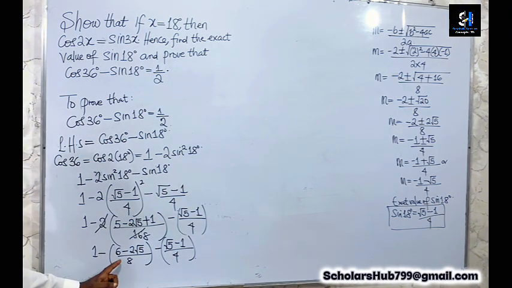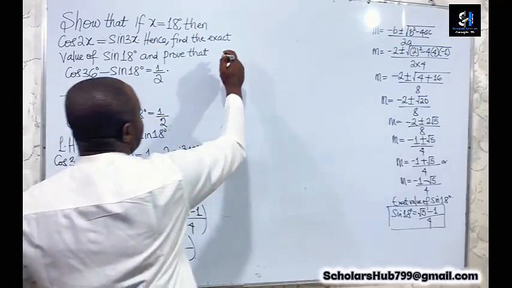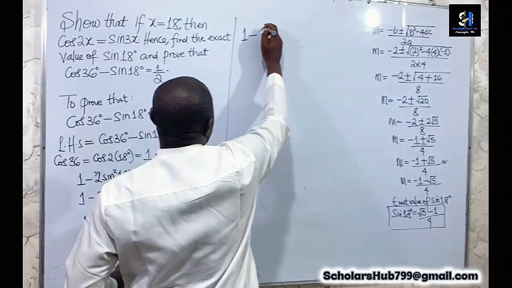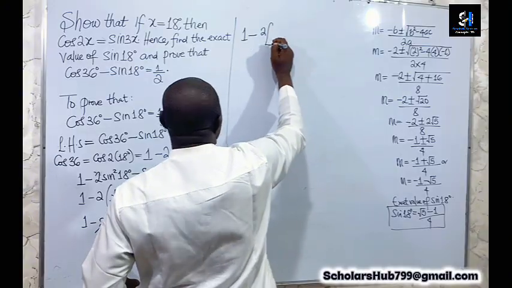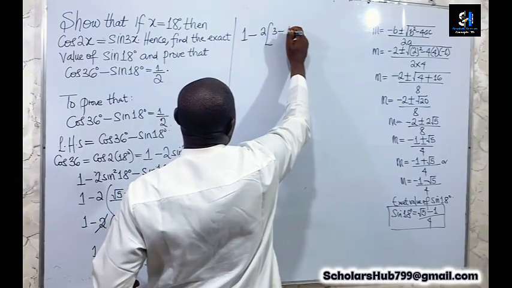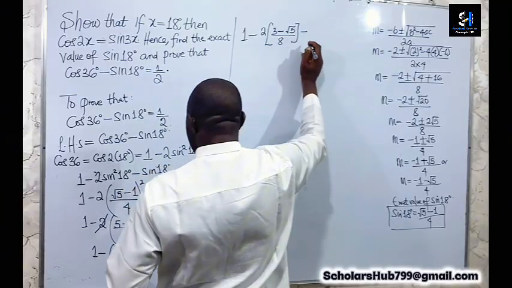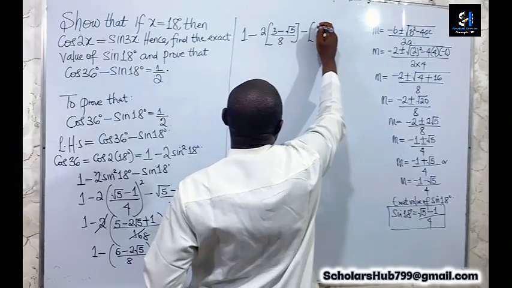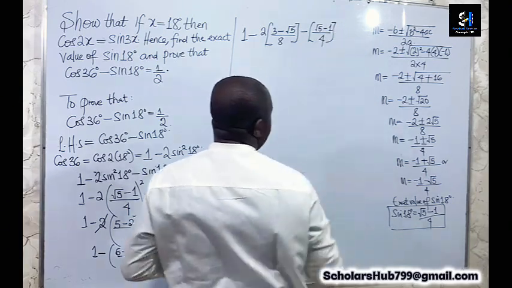So 2 is common in the numerator, so I can factor out 2 in this case.